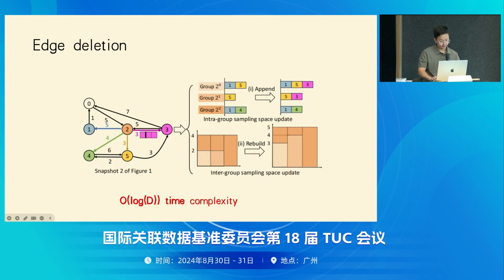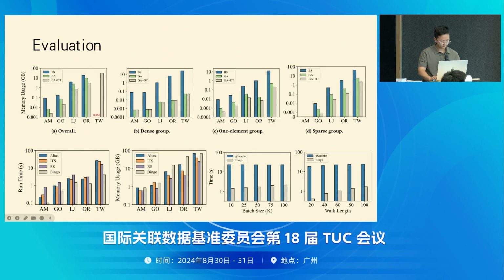For edge deletion, we also remove the weight from each group, and we only need to move the last one of each group into the deleted one to avoid rebuilding the group. The process is also O(log D) time complexity.